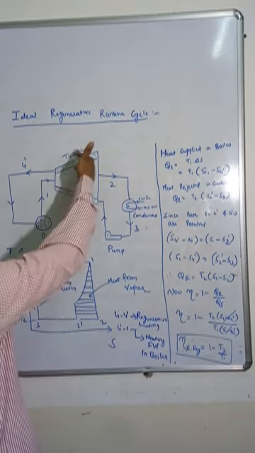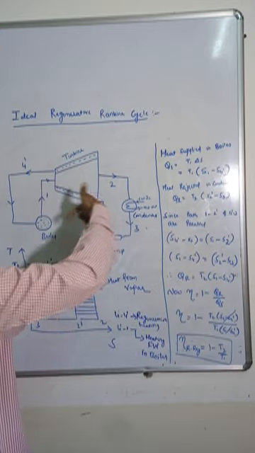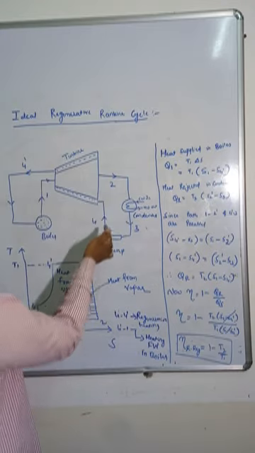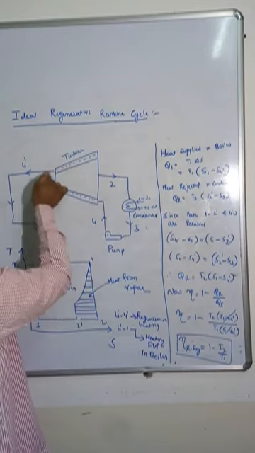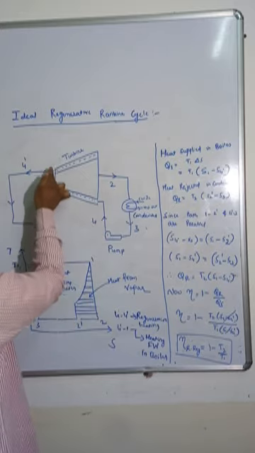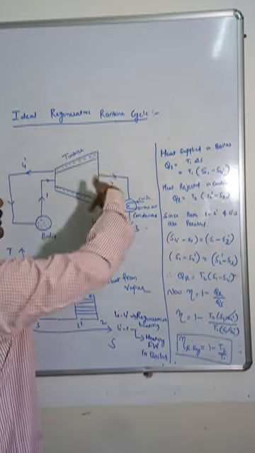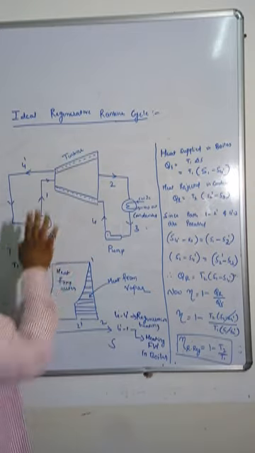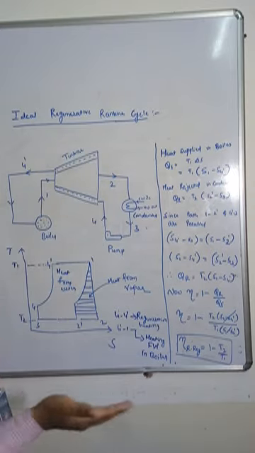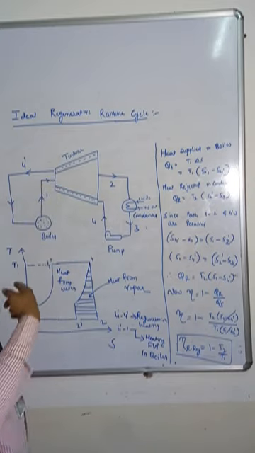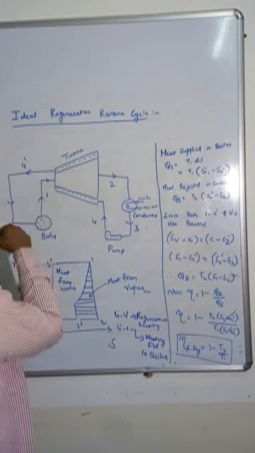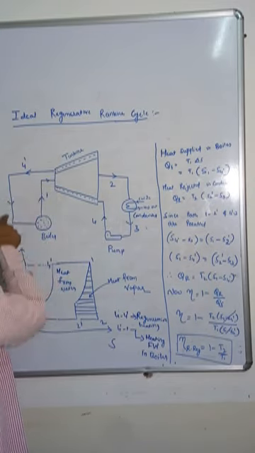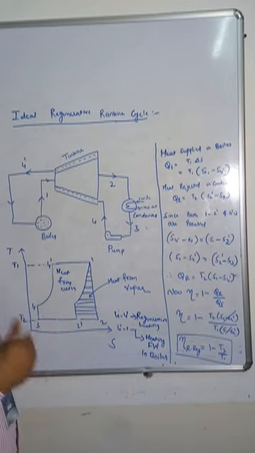So there is one casing, and this is a hollow casing. Here I am giving the input, and here I am taking the output. It comes out at 4 dash, meaning the feed water circulates around the turbine and comes out. The turbine is already heated, so that heat is taken out, and this preheated water is supplied to the boiler.